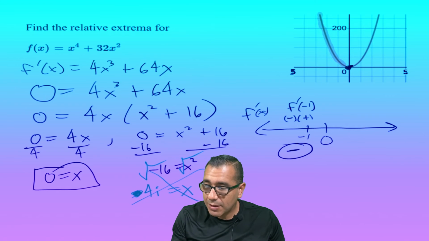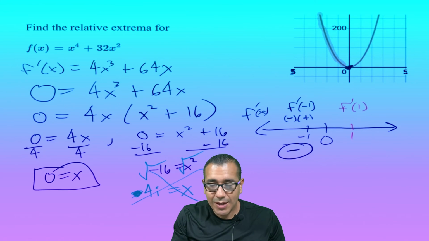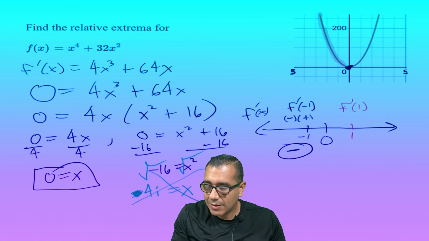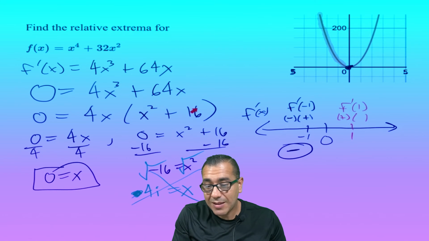Now let's plug in a number to the right of 0. So let's plug in, I don't know, 1. So f prime of 1. Again, I'm going to go to its factored form. I'll plug in 1 here and I get +4, and actually, let me just write plus. All right, and then I'm going to plug in +1 here, and I'm going to get a positive as well.